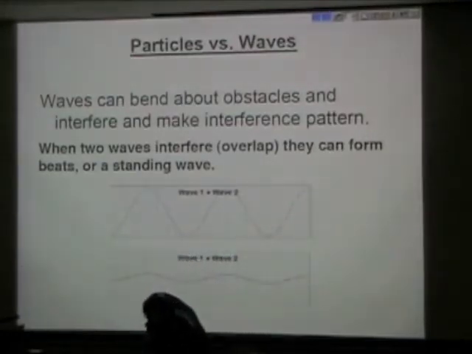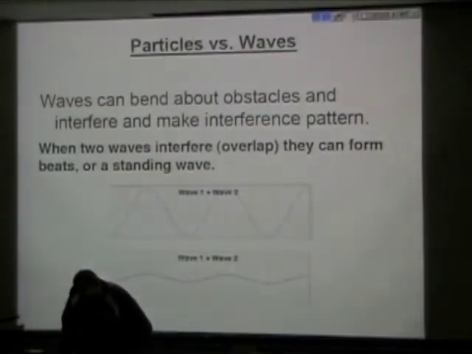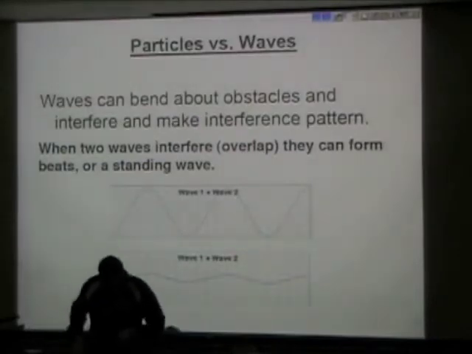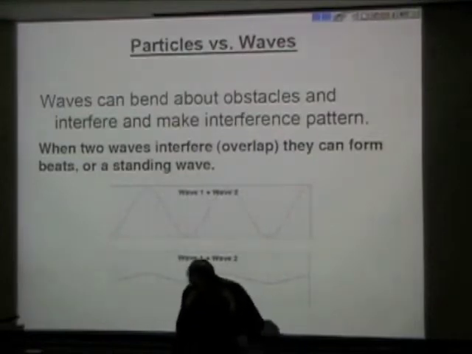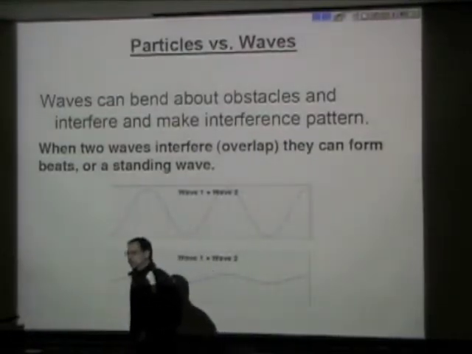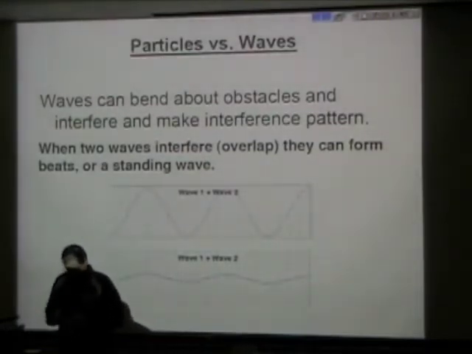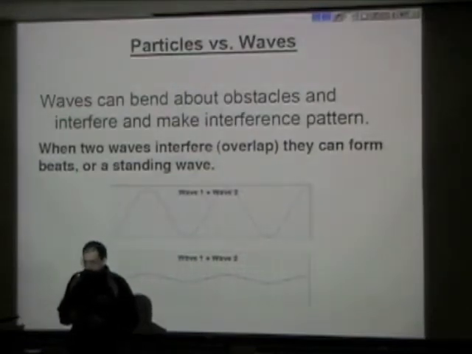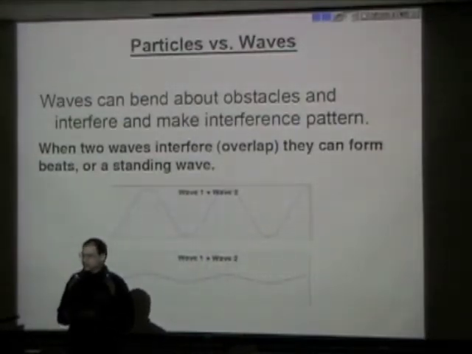A sound wave. Same generator, which means these two sources are in phase, both in phase, same generator, with exactly the same magnitude.